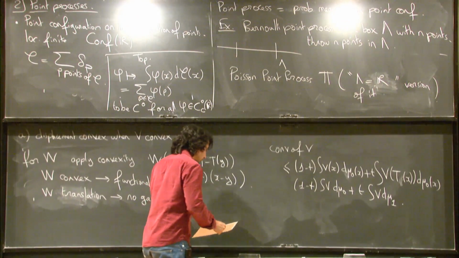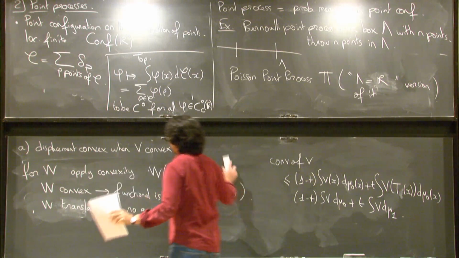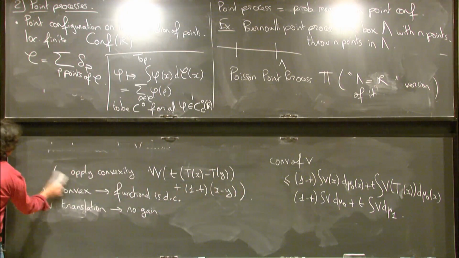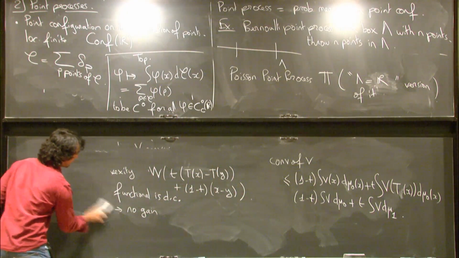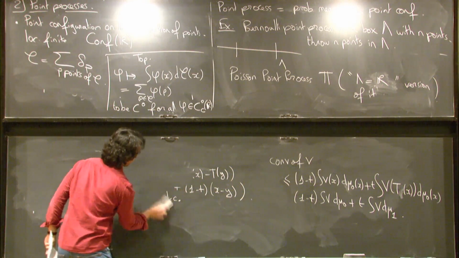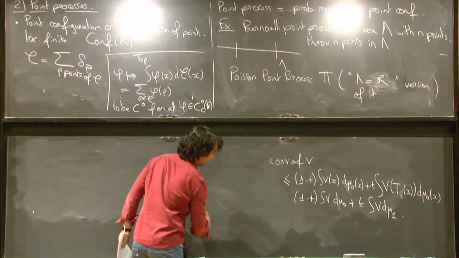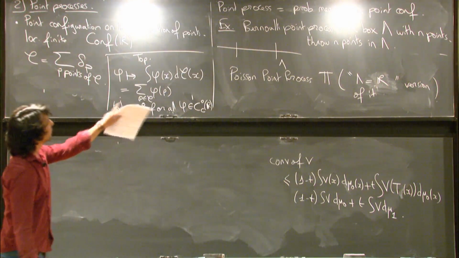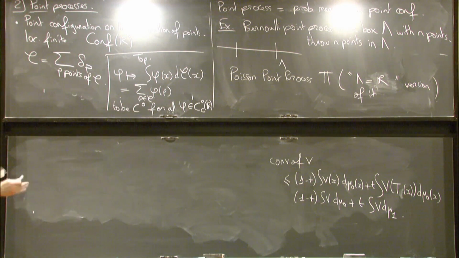And here's again something that looks innocent, but it's not so innocent. The Bernoulli point process I told you is just you fix a box and you throw n points in it, and you look at the point configuration you get. That sounds very much like sampling the uniform measure on lambda n times.